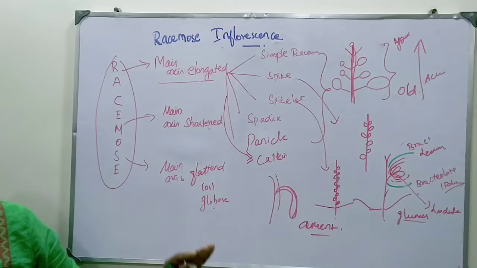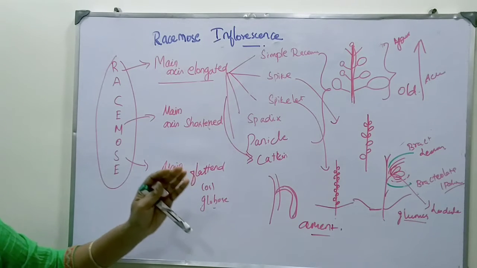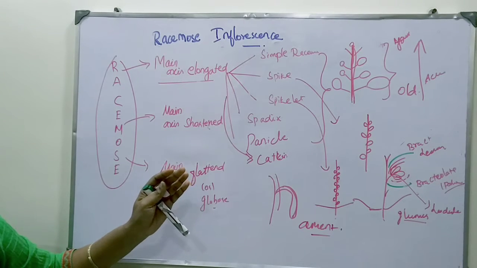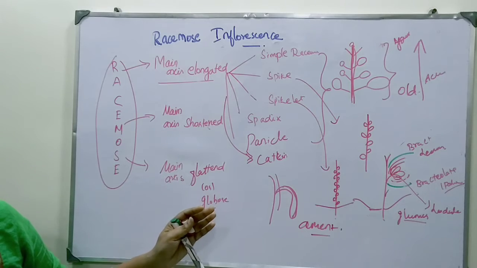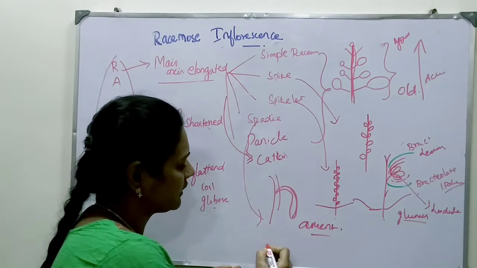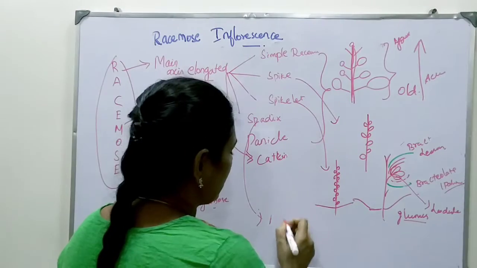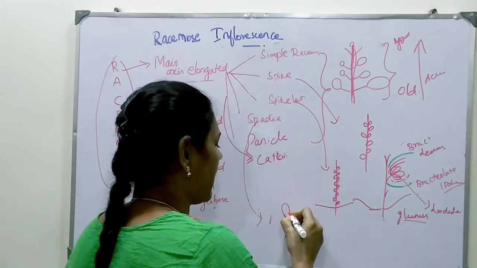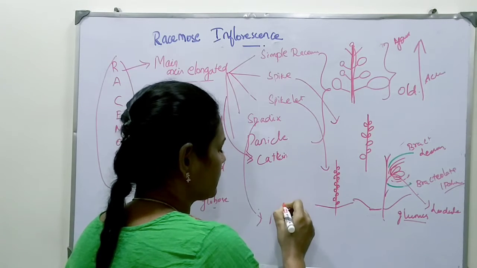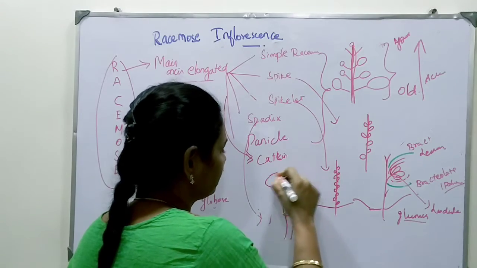That is about the main axis elongated. Next I am coming to the type of spadix. Spadix is a simple type. What is spadix? Suppose this is the stem, the main axis. From the main axis you get one step, then the next step, and so on.